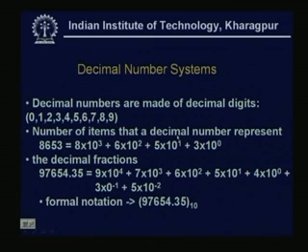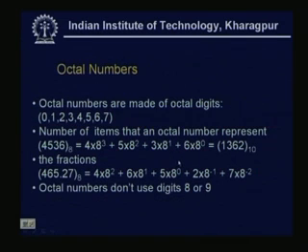Now if we see the octal numbers, the base is 8. For the octal number system, the 8 digits 0 to 7 are used to represent a number. The base is 8 and the positions are the same.